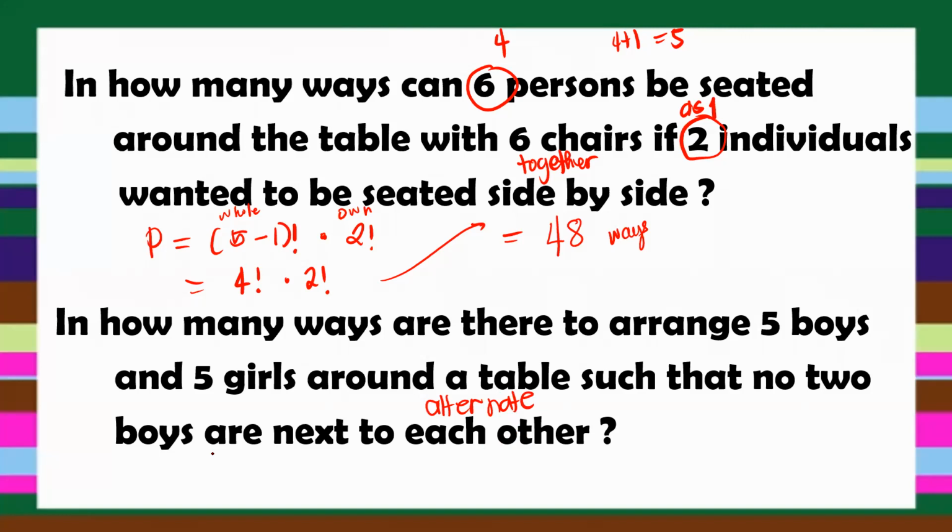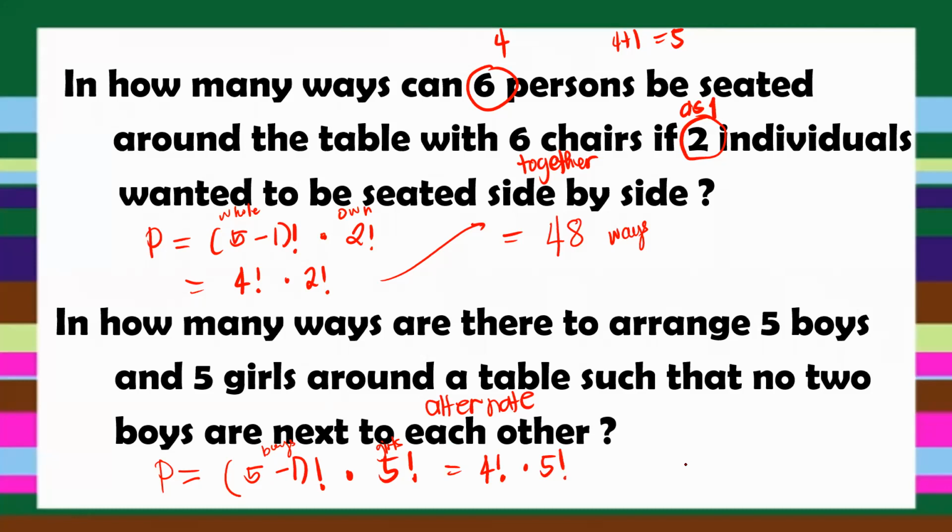But here, of course, the difference is magma-minus tayo ng 1 sa isa sa kanila. So that's 5 minus 1 factorial times 5 factorial. Ito yung sa girls or sa boys. Kunwari, I assign this for boys and this is for girls. Nag-assign ako na sa kanila ng isa as the starting point. That's why I subtracted 1. So this will be 4 factorial times 5 factorial.